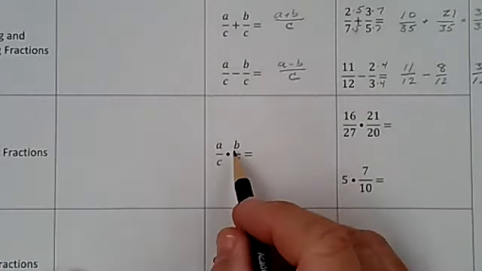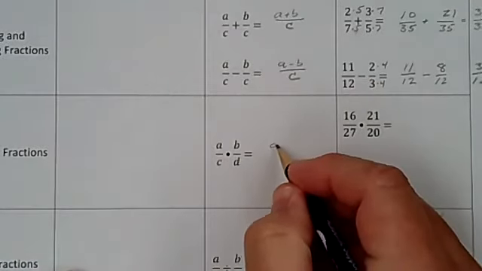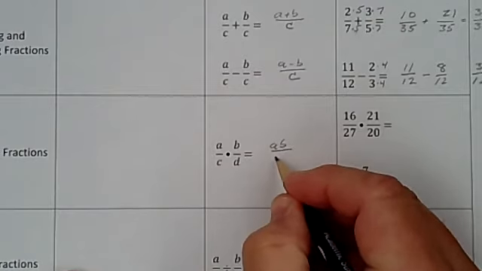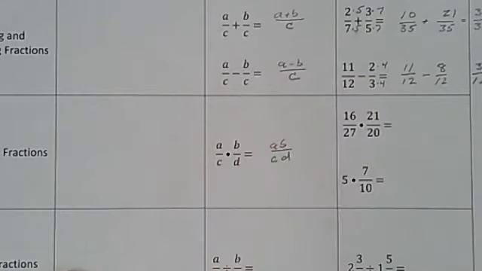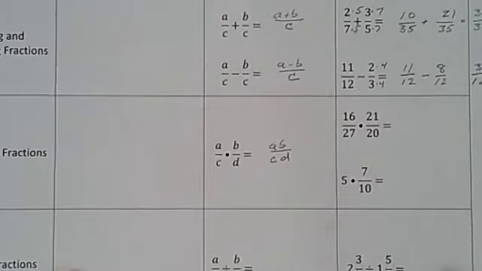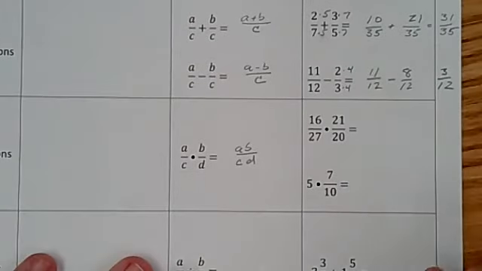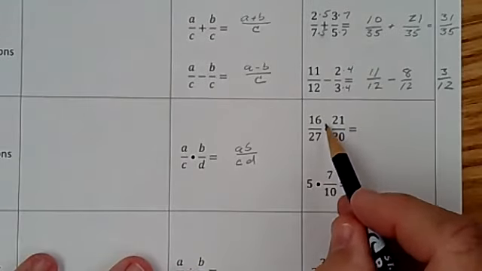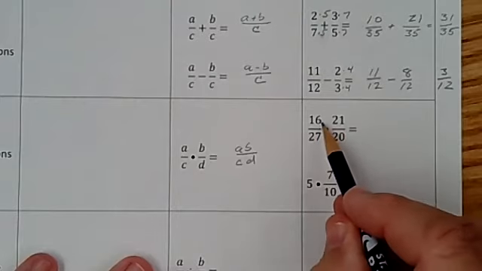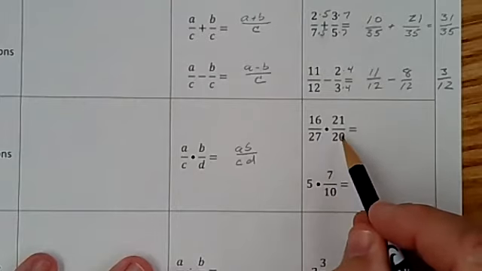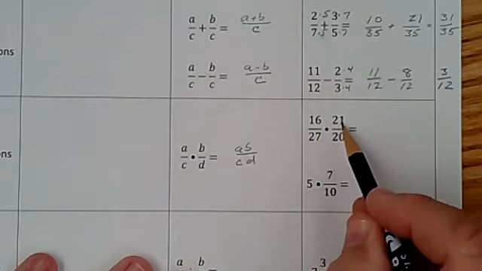When multiplying fractions, we multiply the numerator times the other numerator and the denominator times the denominator. In the example we're given, we notice that 16 over 27 times 21 over 20.